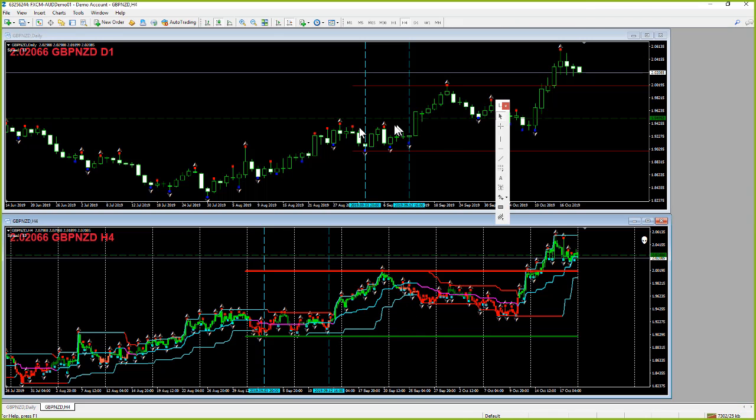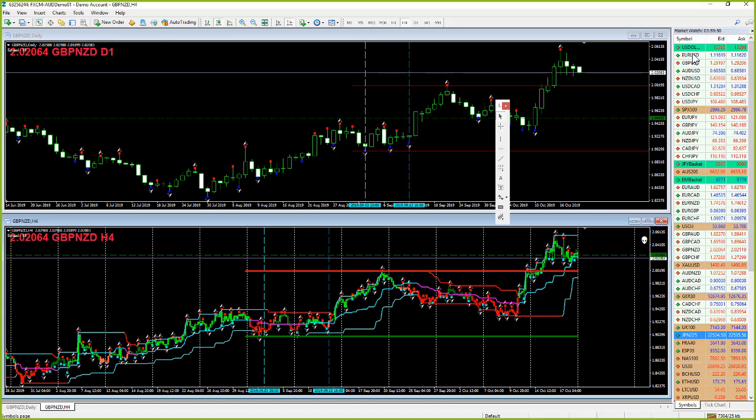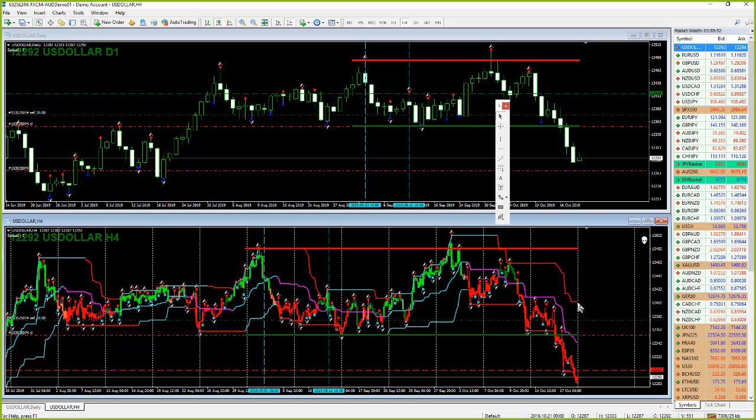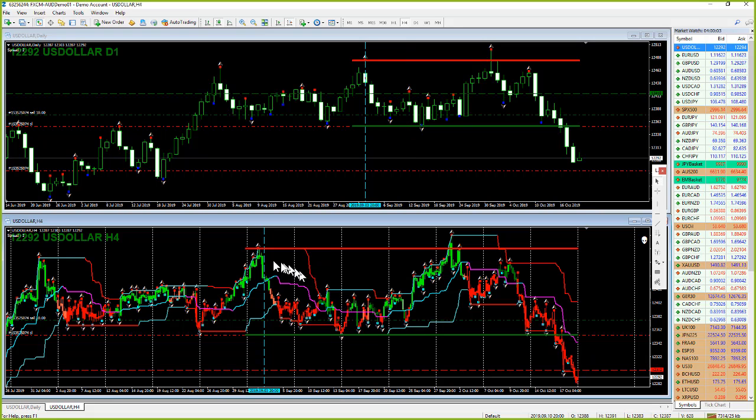This number 30 looks to me quite interesting, especially, for example, if we look at the dollar, which is my main index currency to follow. If I say, okay, this is my entry on the long side, so moving.